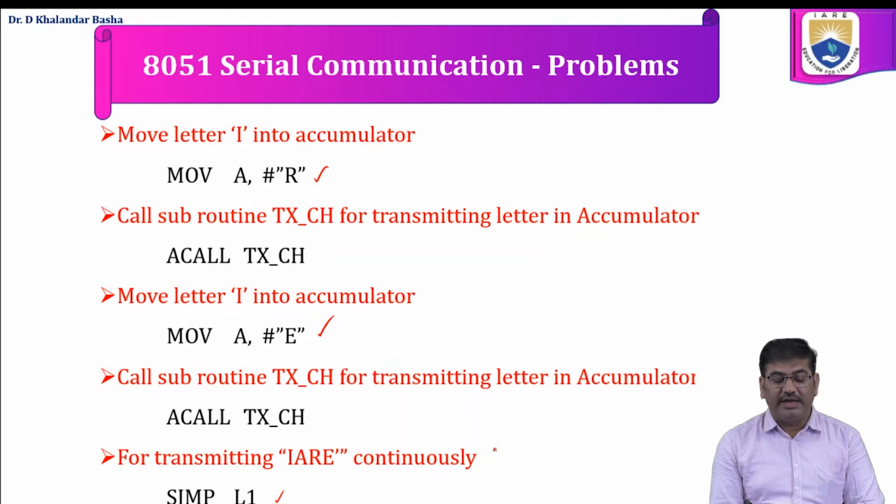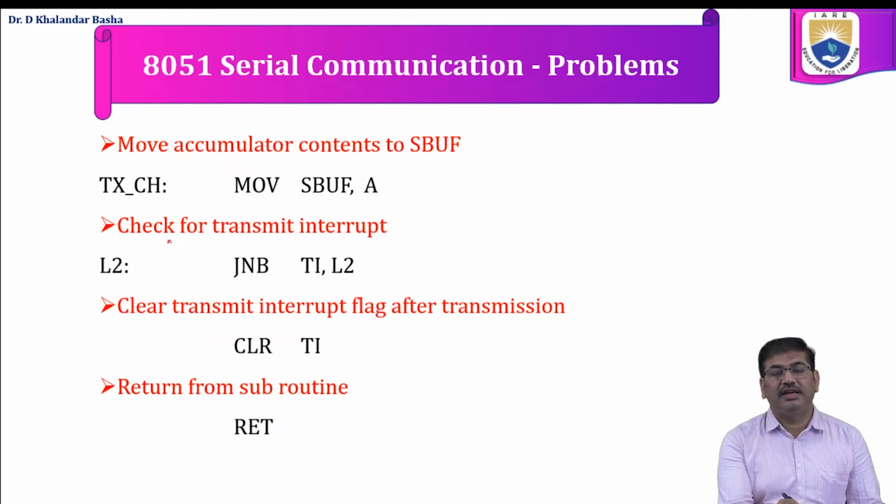Now what we have to write in the subroutine TXCH. In the TXCH subroutine, we first load the accumulator contents into SBUF by using the instruction MOV SBUF, A. Then this SBUF data will be transmitted serially until the TI bit is equal to 1.